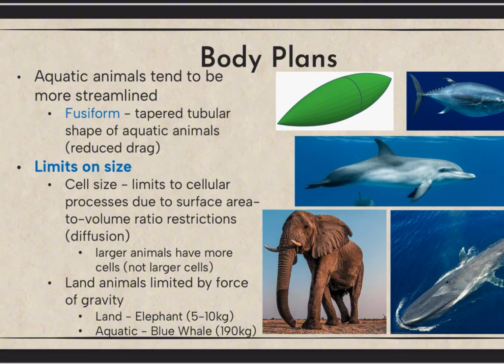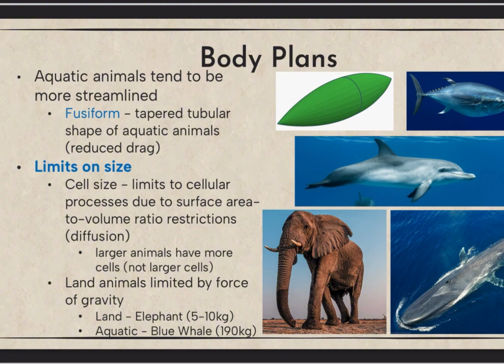More body plans. Our aquatic animals tend to be more streamlined. So we have what we call a fusiform. This is our tubular tapered shape of aquatic animals, and almost every single aquatic animal will follow this shape, because it reduces drag in the water for swimming. Additionally, there's limits on size. Cell size limits cellular processes. There's only so much surface area to volume ratio that a cell can have in order to function properly and be able to diffuse nutrients and waste.